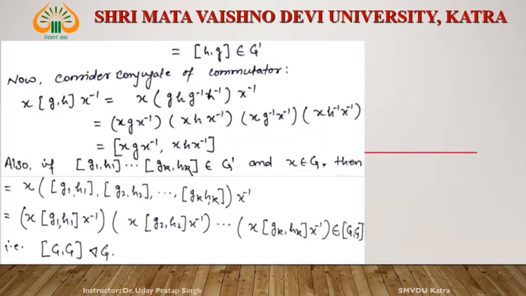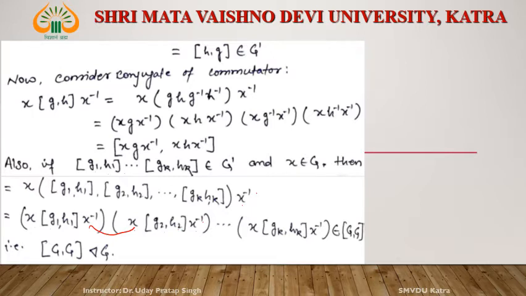Okay, now consider a product of commutators [G1, H1][G2, H2] up to [GK, HK], belonging to G prime, right? Then X inverse. This again we write in a similar way: X [G1, H1] X inverse, then X [G2, H2] X inverse, since this is identity, right, and so on.